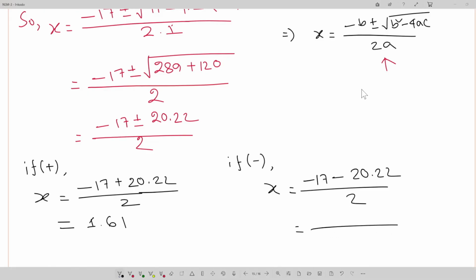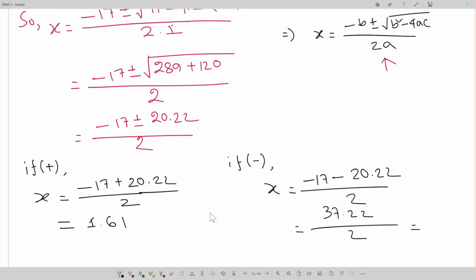Now minus 17 minus 20.22, so here will be minus 37.22, divide 2.